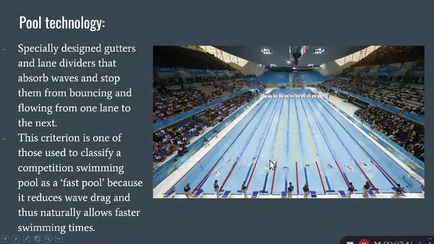So instead of the water hitting the edge of the pool and coming right back, the gutters allow the water to just seep down, minimizing the amount of waves created in the pool. And because the water is less turbulent, there are fewer waves, so the athletes are able to cut through the water a lot easier, meaning that times are going to be a lot less, making the pool fast.